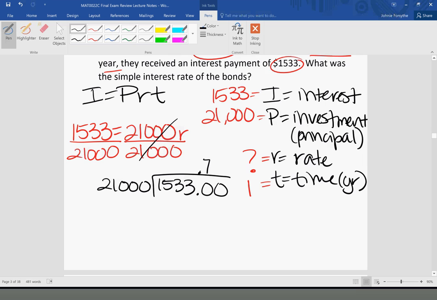So 7 times 0 is 0. 7 times 0, 0. 7 times 0, 0. 7 times 1 is 7. 7 times 2 is 14. Now we're going to subtract. So we've got 0, 0, 3. We need to borrow from this 5.